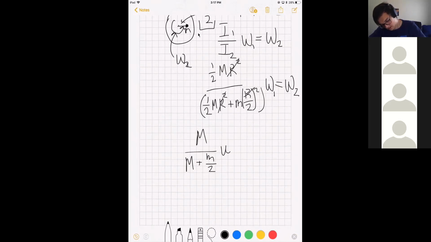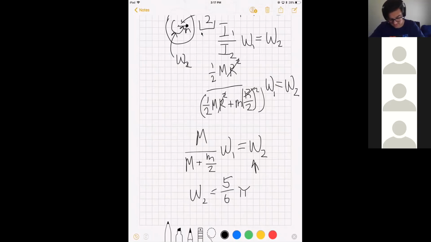Yep, that's right. Then we can plug in all these numbers because we know what each one of these are, and we're looking for omega 2 here. When we plug in the numbers, we get omega 2 is equal to 5/6 pi. Which is, let me check, that's answer C. Cool. All right.